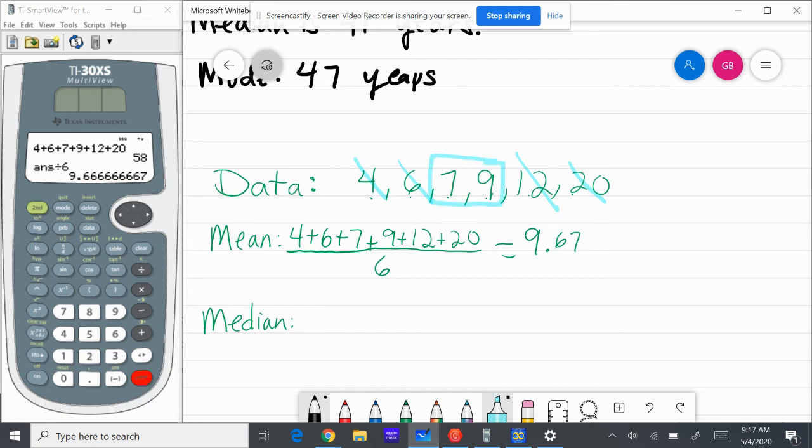So if you're left with 2 numbers in the middle, you need to add them up and divide it by 2. So here, the median is 7 plus 9 divided by 2. So it's the middle of both of those numbers. And 7 plus 9, that's 16 over 2, which is 8. So the median is 8. That's the number in the middle here.